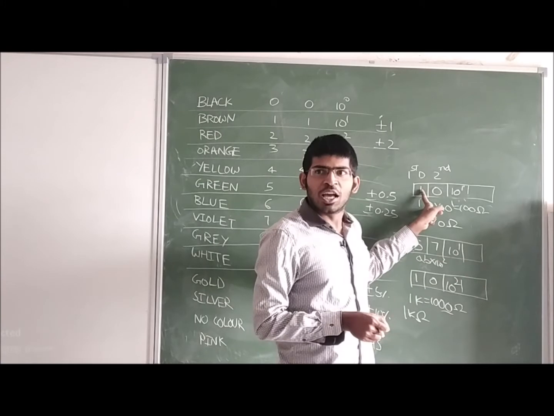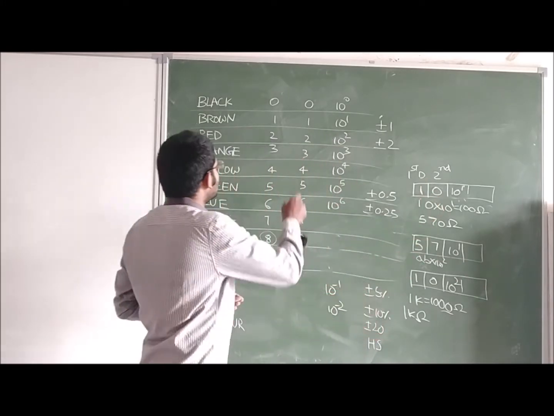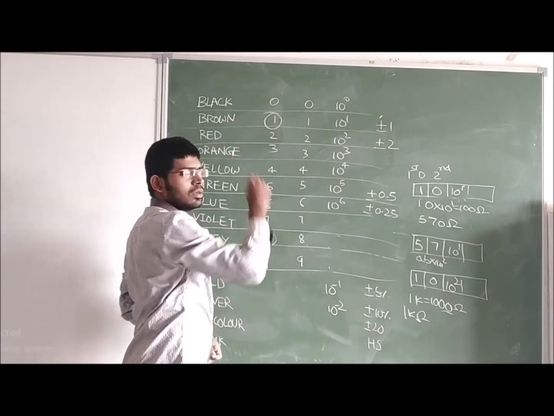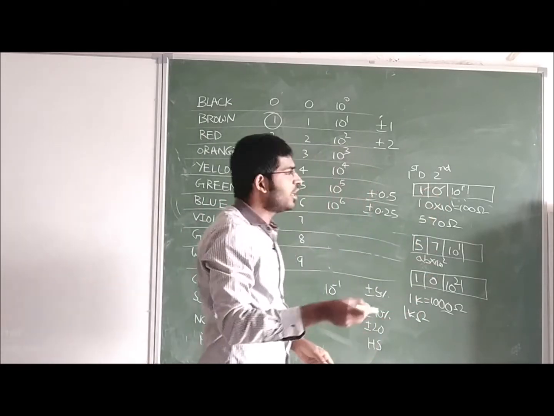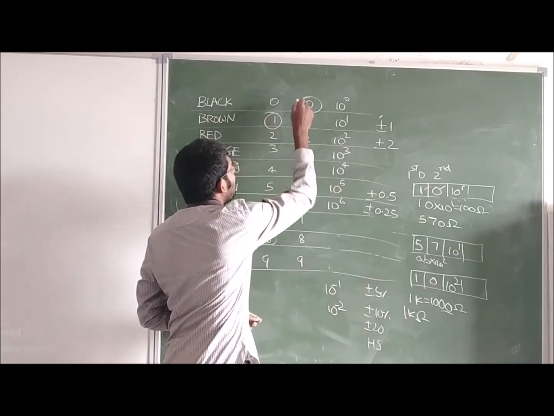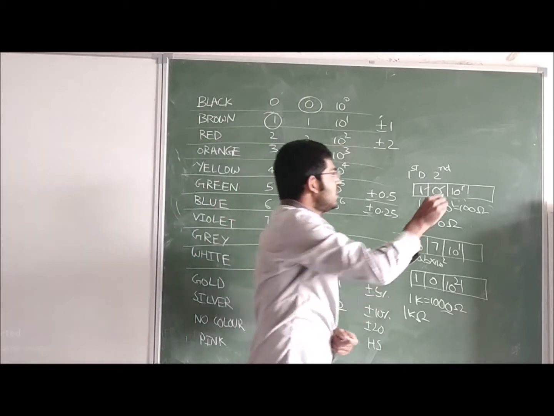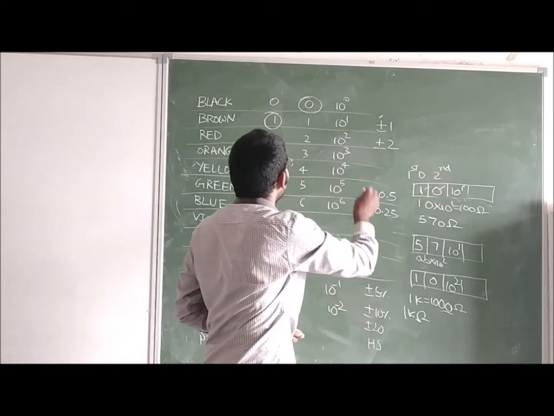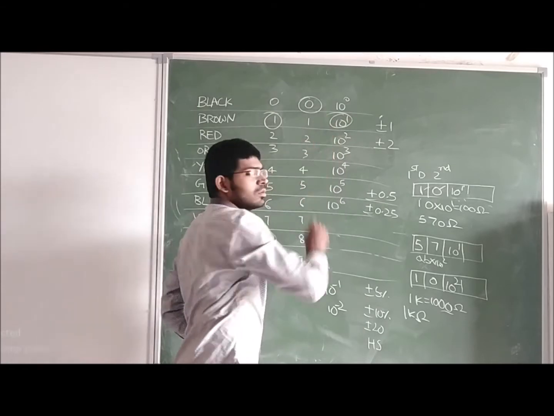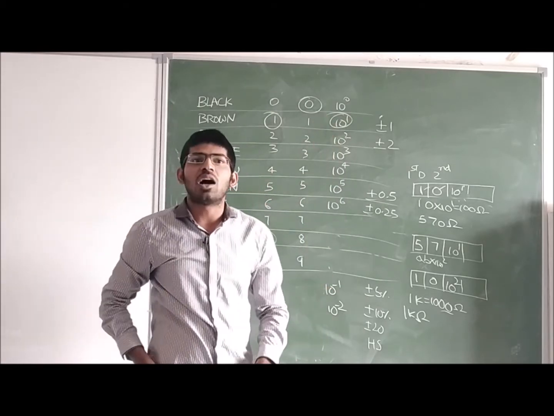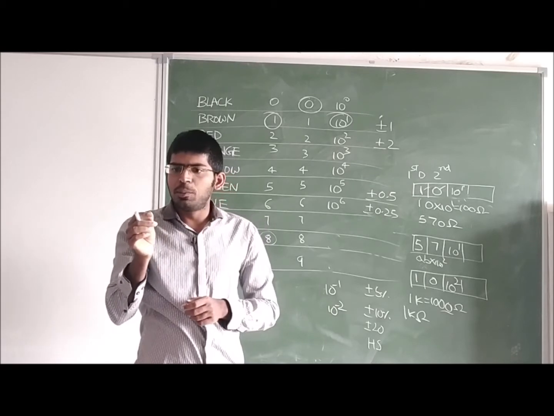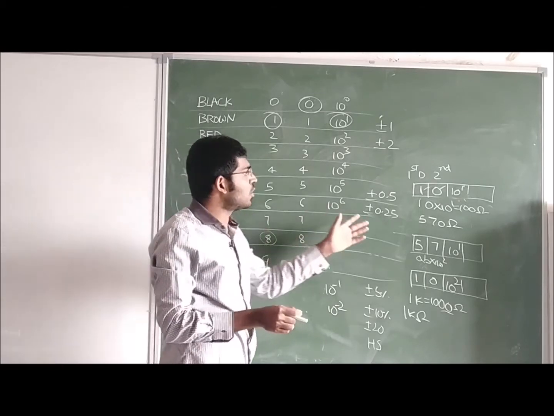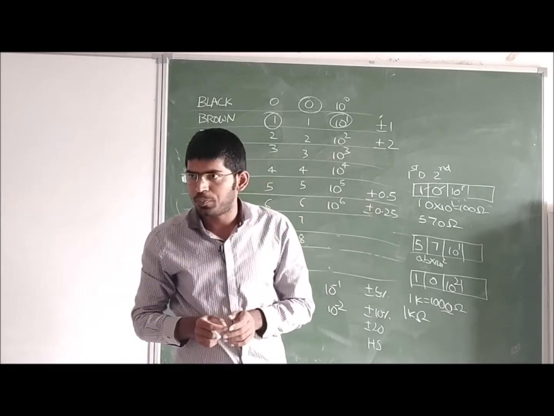Instead of 1, we denote that by using the color brown. Instead of 0, in the second box, we denote that by using the color black. And instead of 10 to the power 1, we denote that by using brown. This is how, simply by using colors, we are denoting the 100 ohms value.